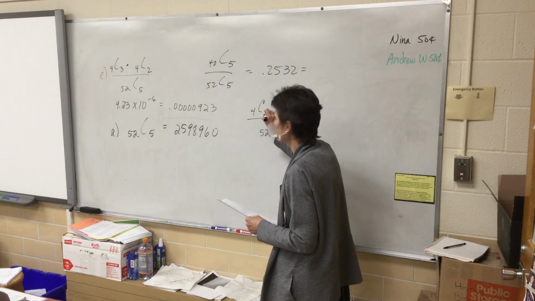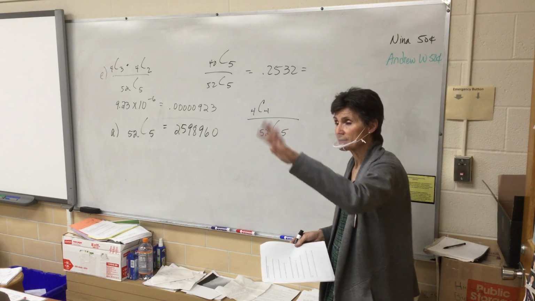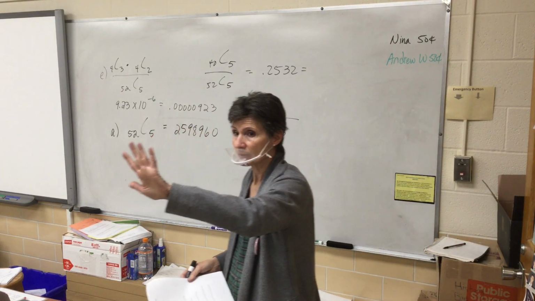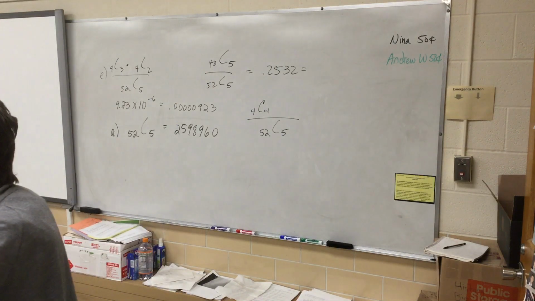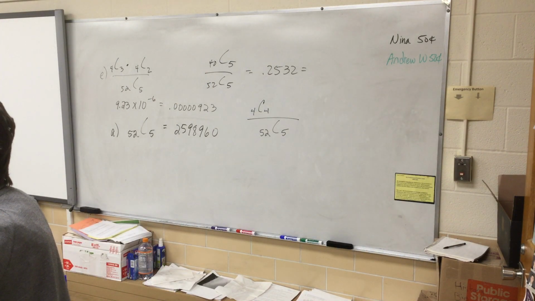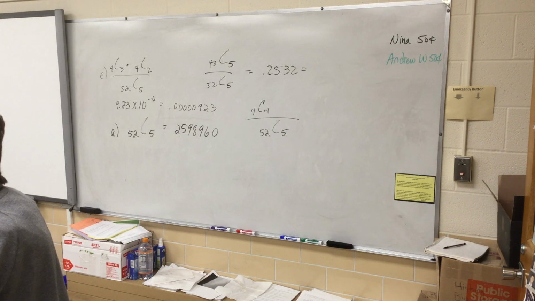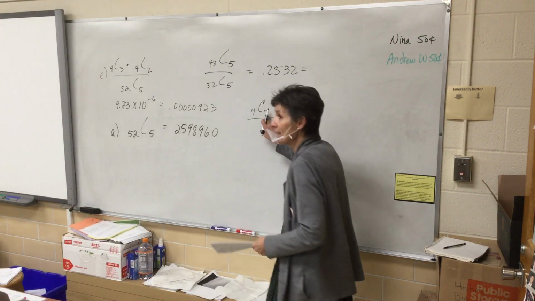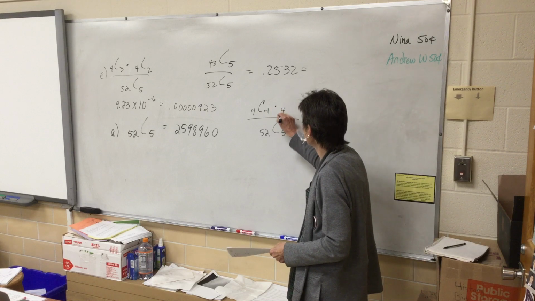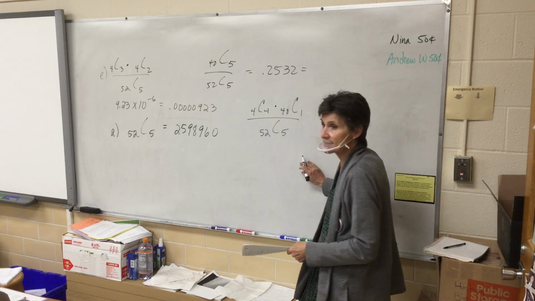Wouldn't that be 4C4? But here's what makes this problem tricky. It's a 5-card hand. If 4 of them are aces, what is the other one going to be? Anything that's not an ace? And how many not-ace cards are there? 48. So you're going to have 4 aces and 1 other card that's not an ace.